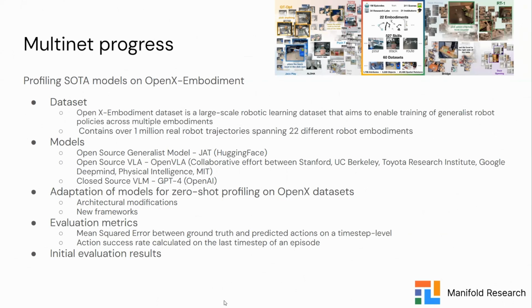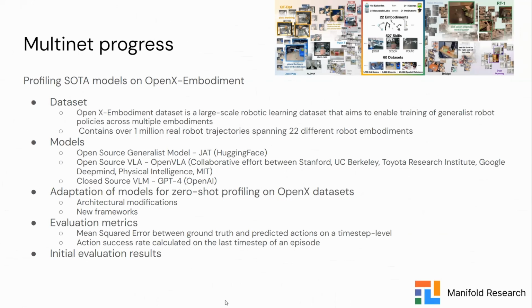And so when we wanted to profile all these models on the OpenX Embodiment data, a considerable amount of work went into adapting these to even work on these datasets. Because, for example, Gato's only control tasks that it's pre-trained on are very specific tasks, Gym-based Atari or MuJoCo environments.